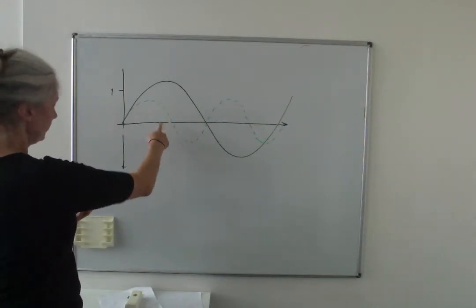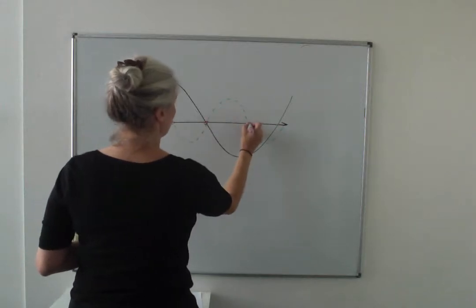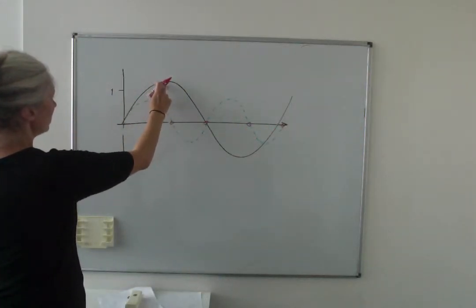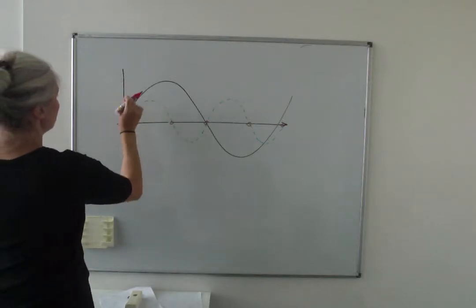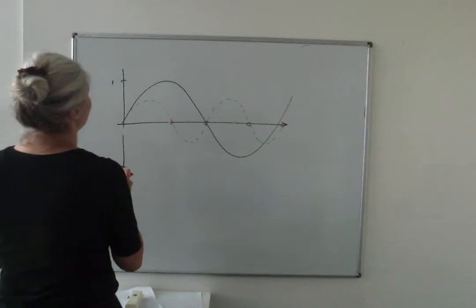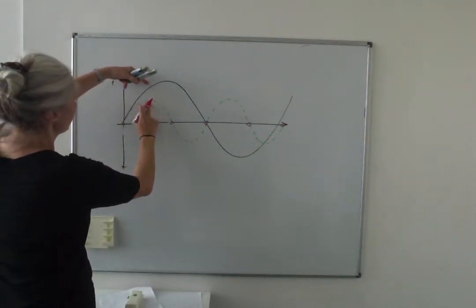At every time we have a zero crossing, we know that there will be a 0. If this amplitude is still 1, like that, this one is multiplied by less than 1.